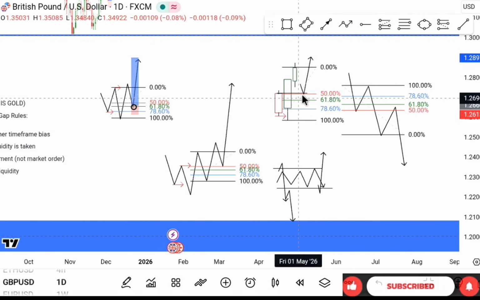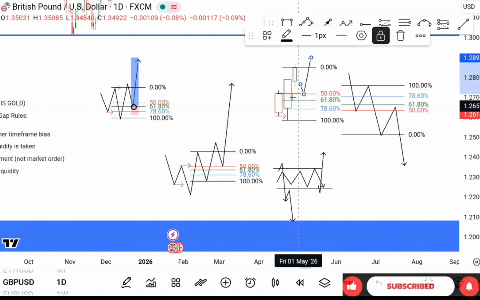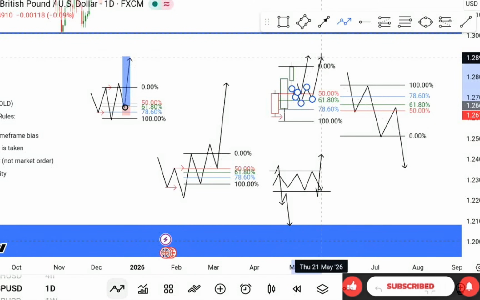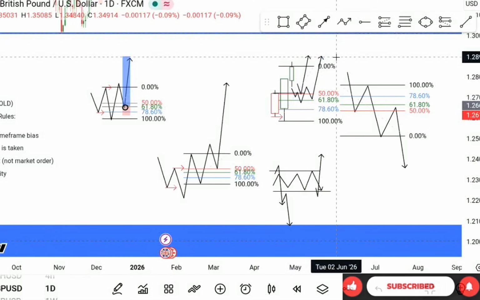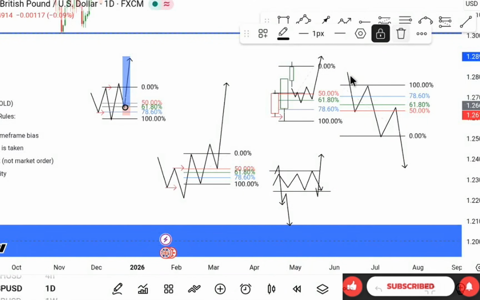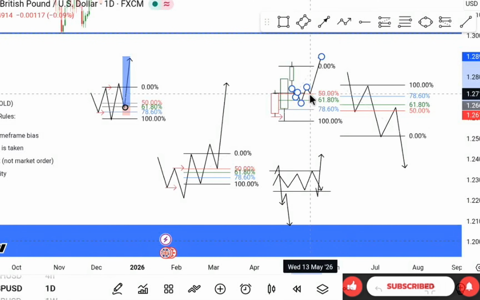When you see the close, leave it there. When the market comes back to the 60 or the 61 or the 50% discount zone, from there you will look out for this chart pattern. Always look out for this chart pattern.